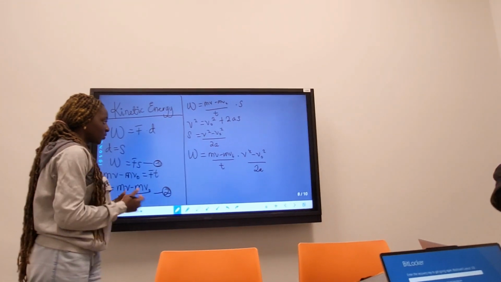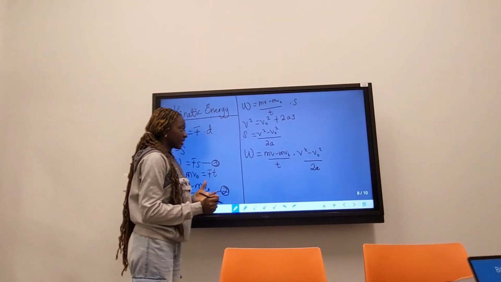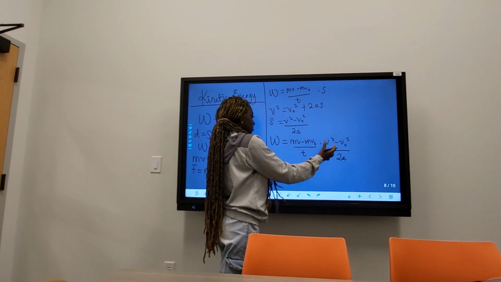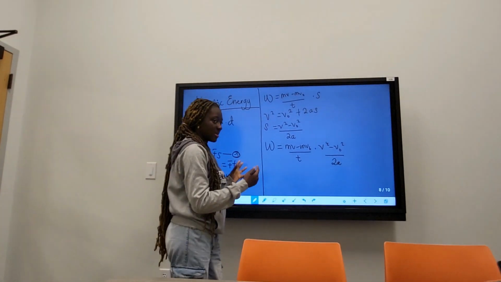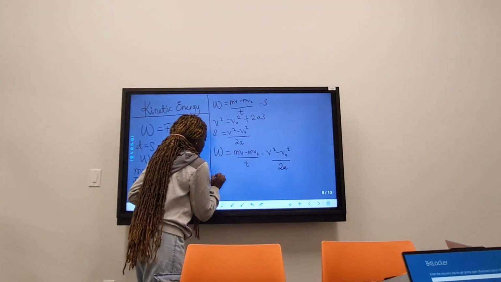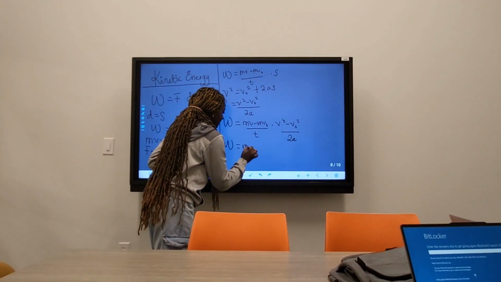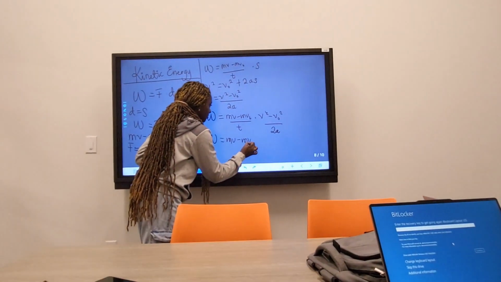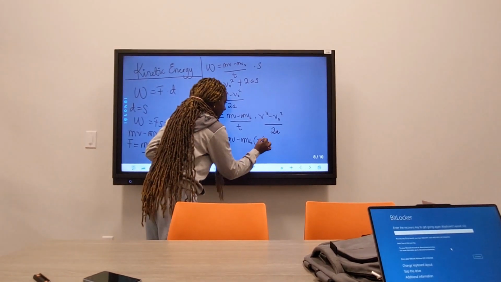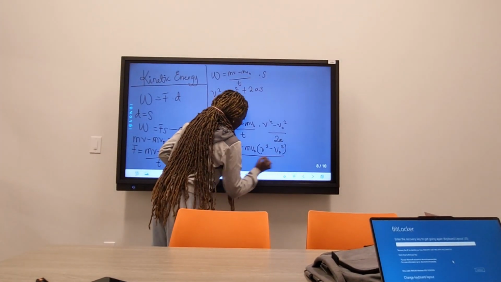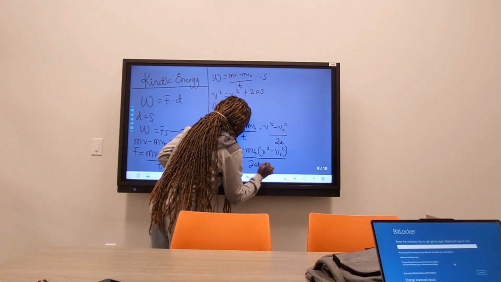Okay, so with this, we are going to multiply through and factor out. So W will be equal to (mv minus mv naught) times (v squared minus v naught squared) all out of 2at.